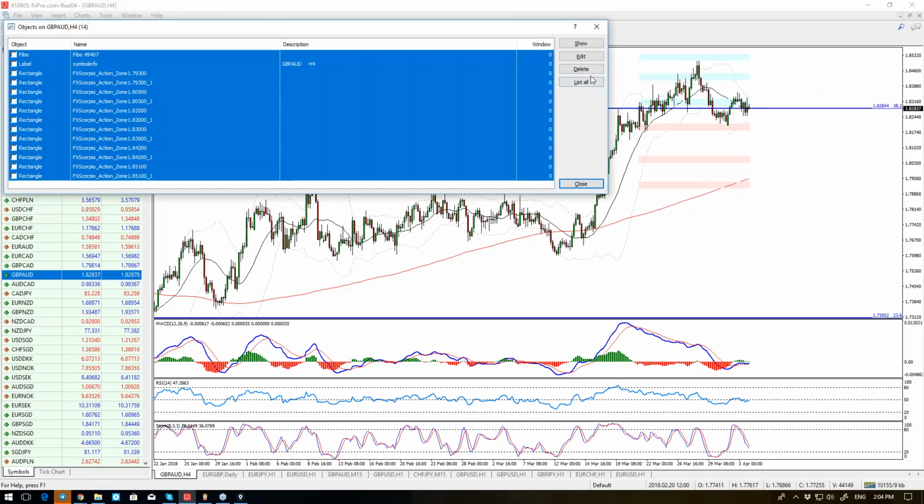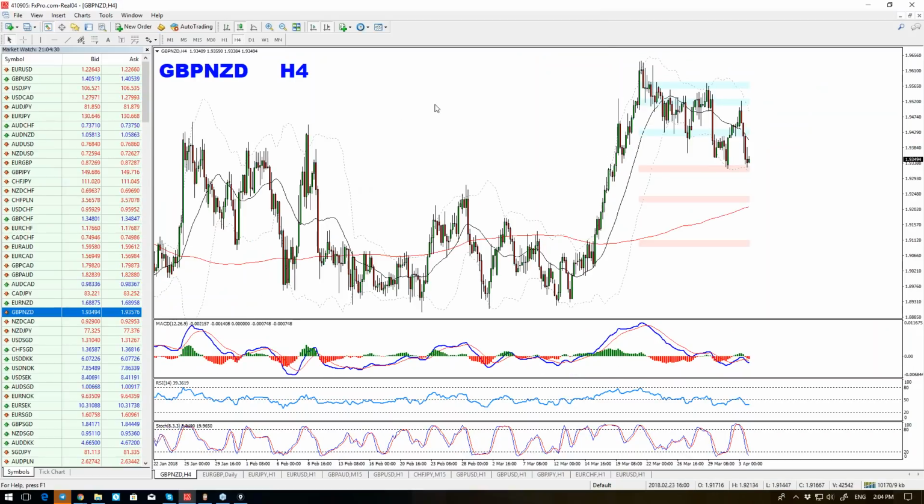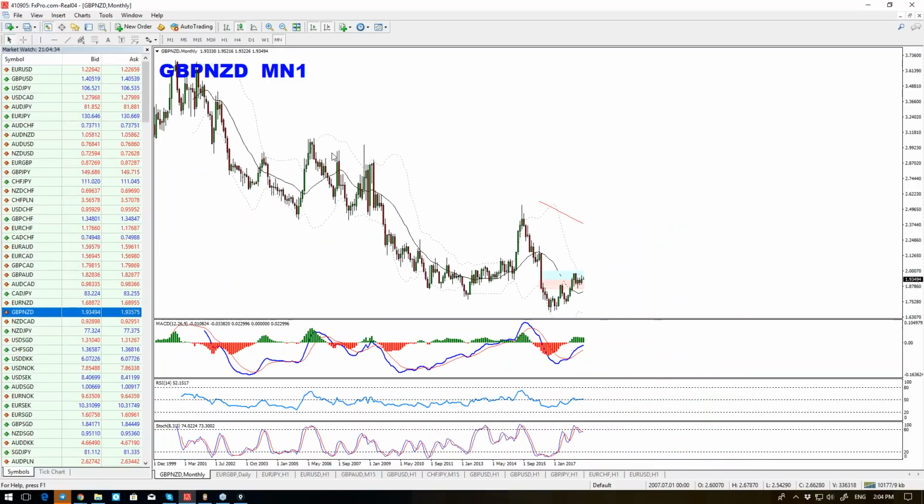journey. Okay, pound kiwi. Where is our pound kiwi? Here we are. Pound kiwi, according to the monthly cycle, has a huge cycle. The only reason I show you the monthly cycle is for you to understand what this pair has. So this is most likely how the future looks for this pair for the very long term, right?